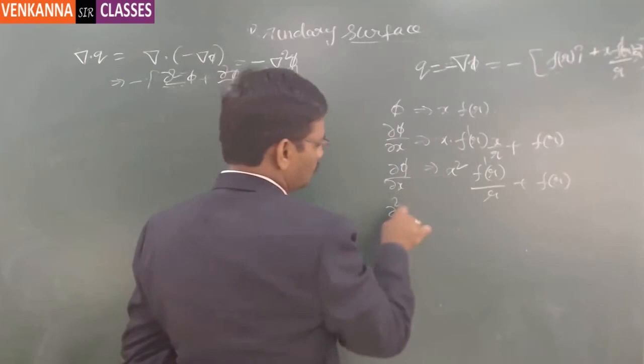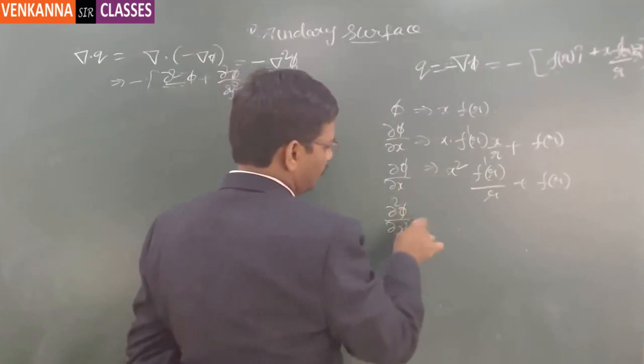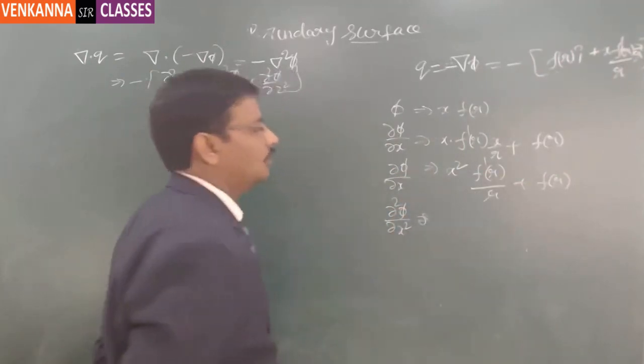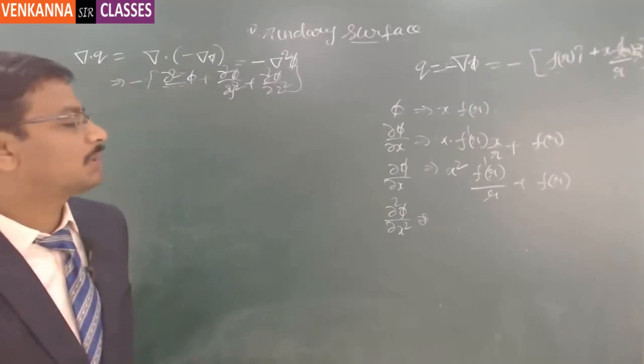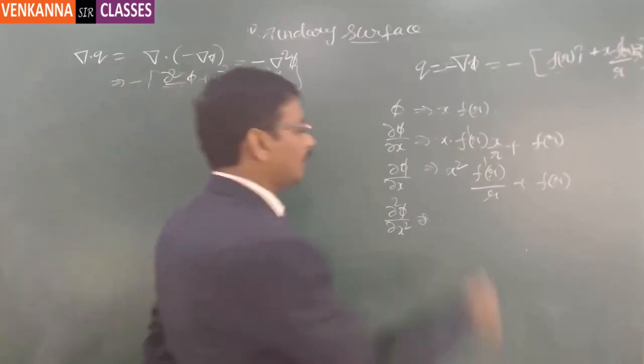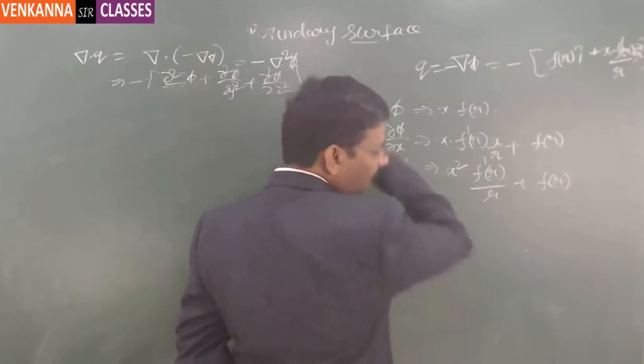Similarly, ∂²phi/∂x². Here we have to take the derivative of this entire thing with respect to x again, so apply the UV formula on this.